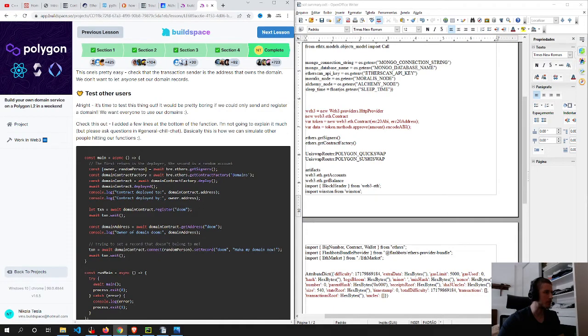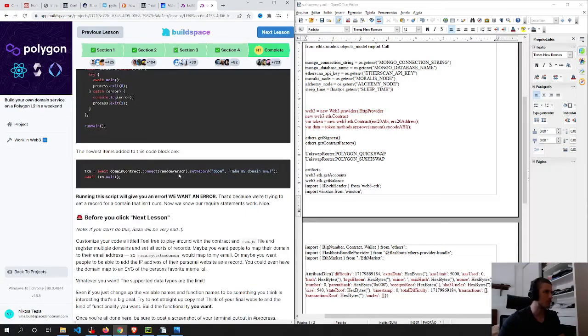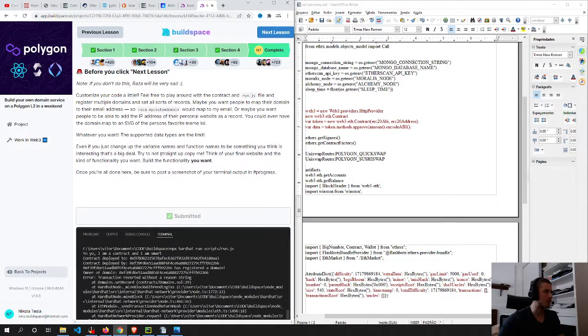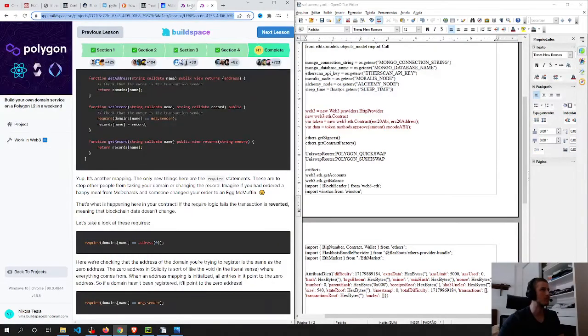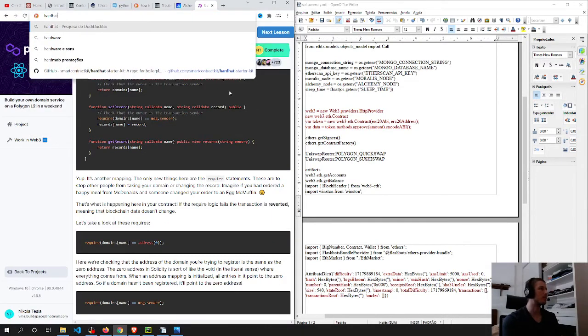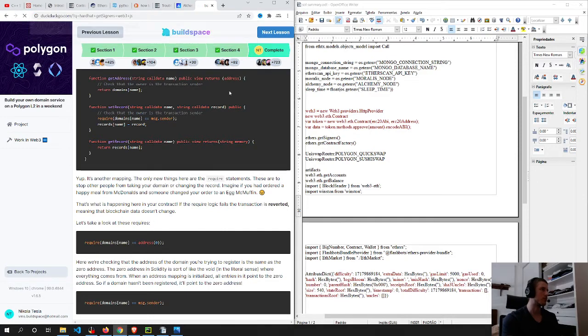The first return is the deployer, the second is a random account. But they don't really explain how the method works. I'm just gonna search for Hardhat, getSigners, Web3, JS.